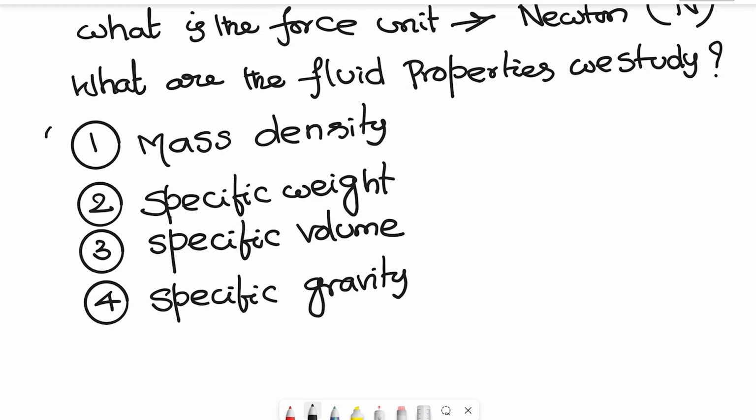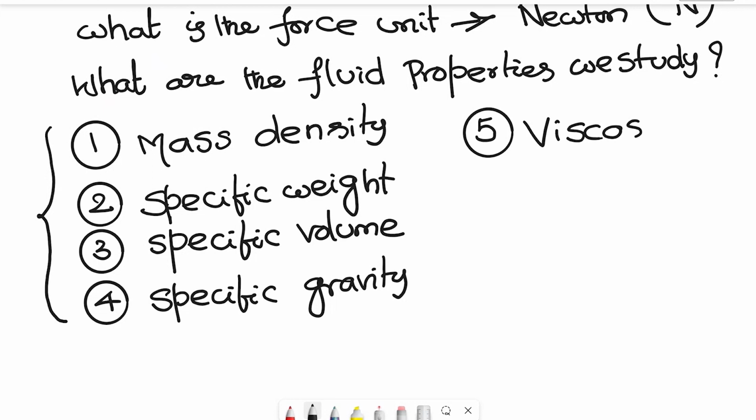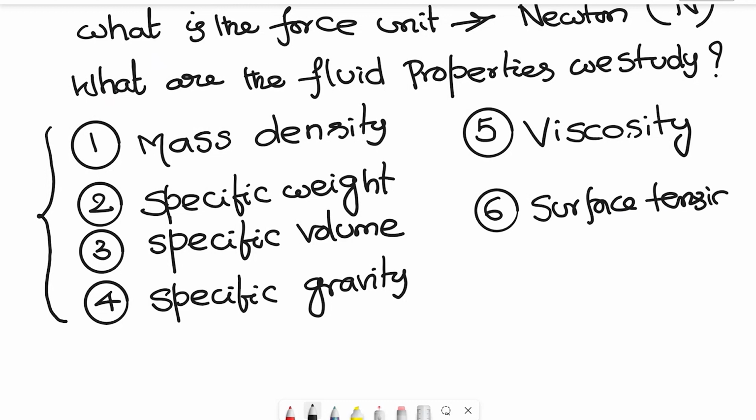So this is one part, right? Then number five, viscosity. As this is very, very important, we allocate this category separately. Then sixth is surface tension, and seven is capillarity.